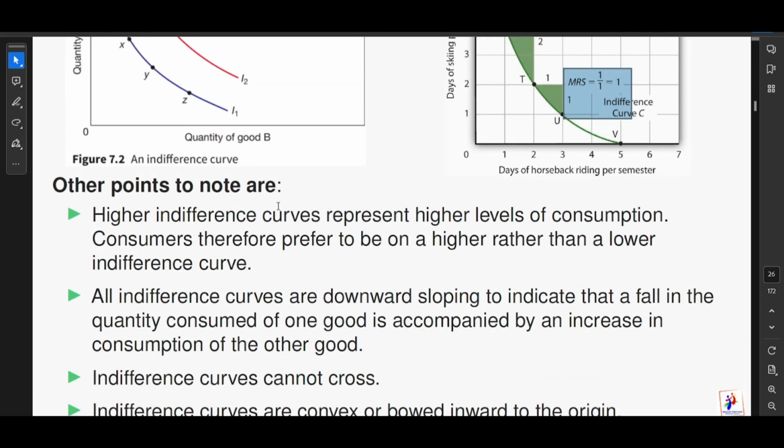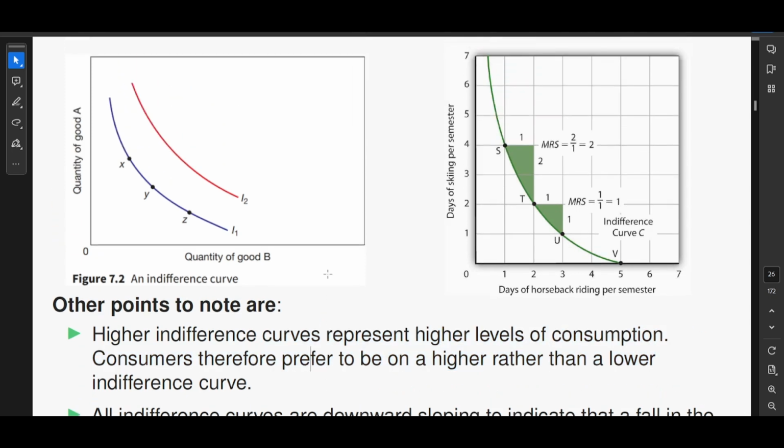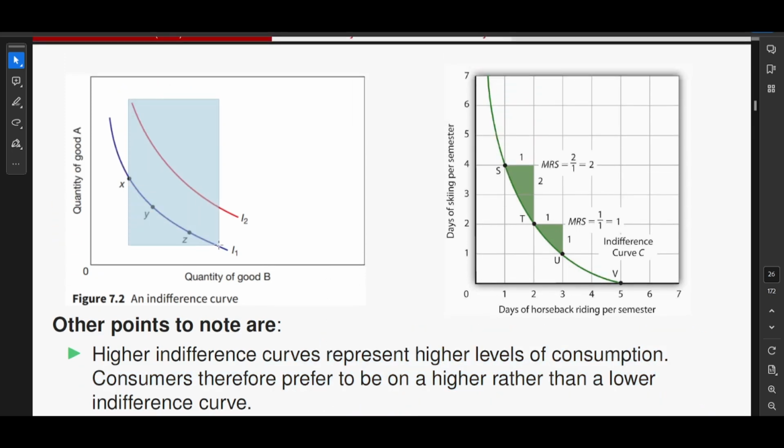Higher indifference curves represent a higher level of consumption for the consumer, and are therefore preferred to lower ones. Any rational person would prefer a higher indifference curve. As I said, your indifference curve can keep going to the right.